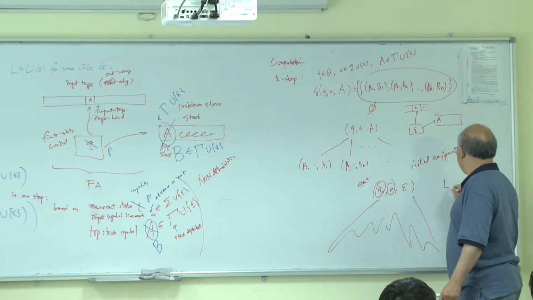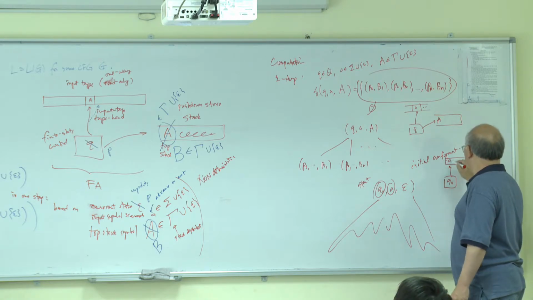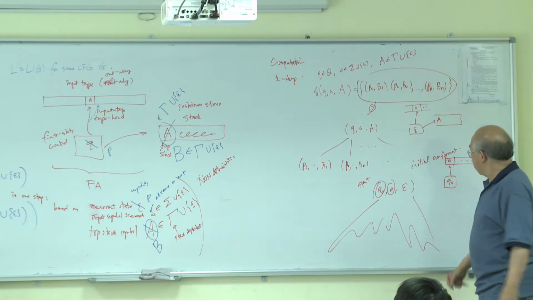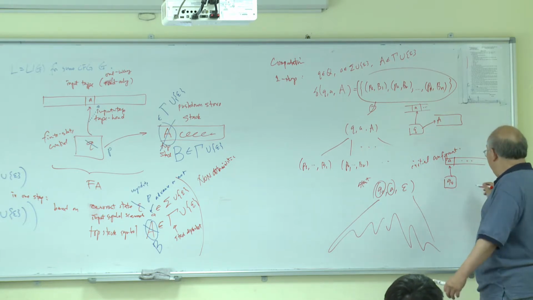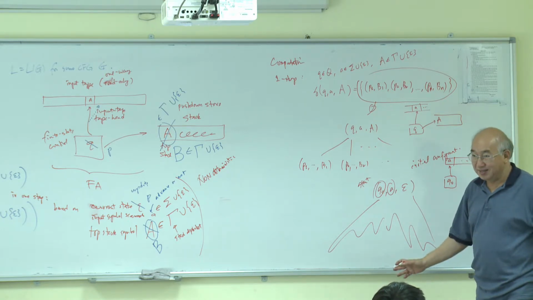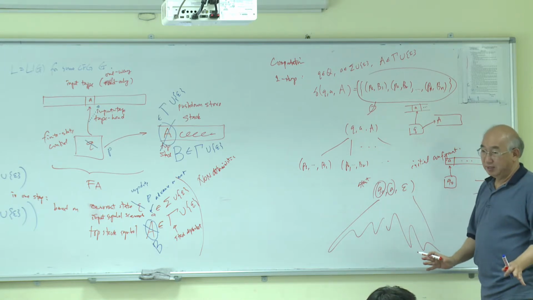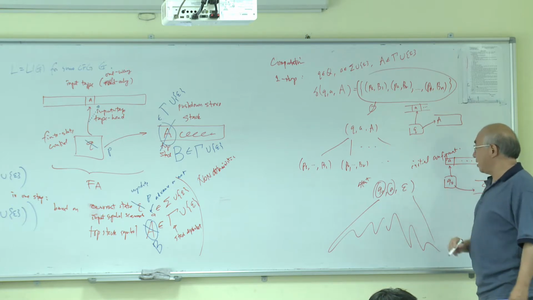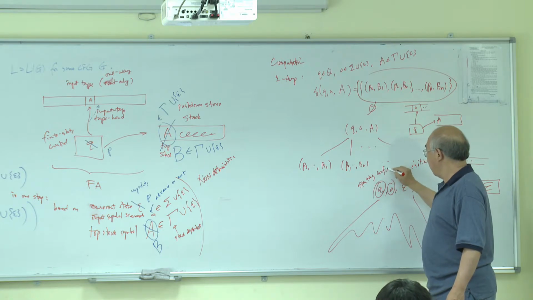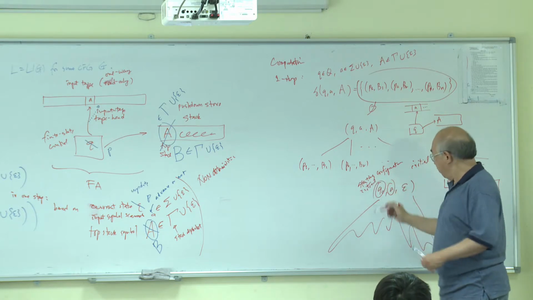Well, it may be empty, depending on the programmer's intent. And is there anything in the stack? Nothing at the moment, so it is really empty. This is the starting, or initial, configuration. And then it moves.